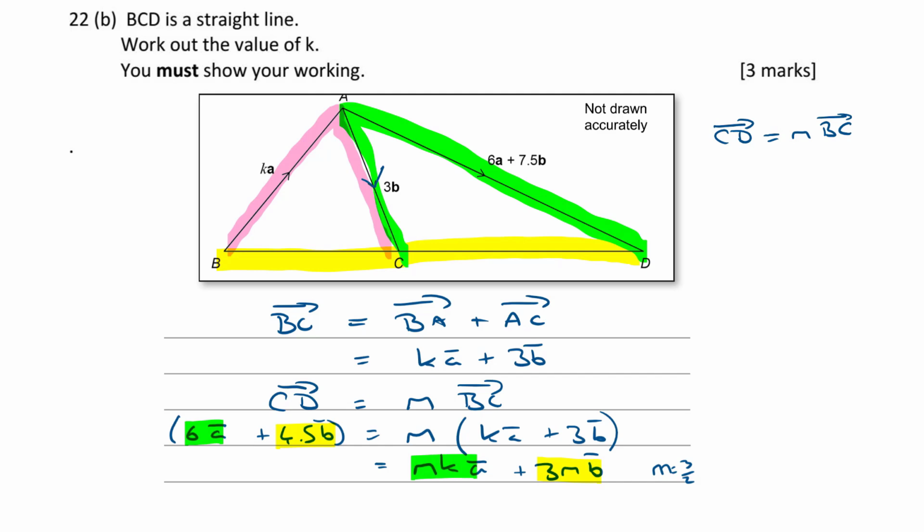Okay, so 6 is equal to 3 over 2 lots of k. So rearranging that for k, cross multiplying, times by 2, dividing by 3, I'm going to get 12 divided by 3, which is 4. k is equal to 4.